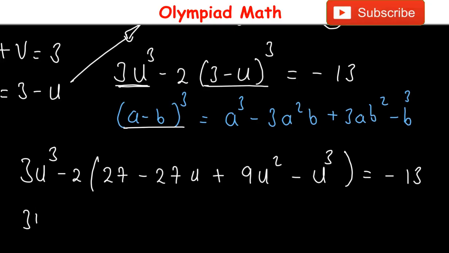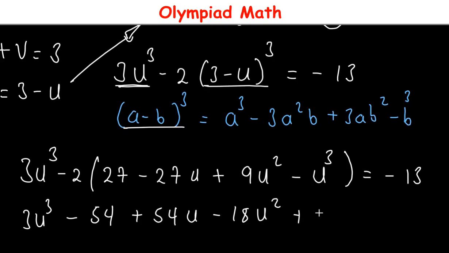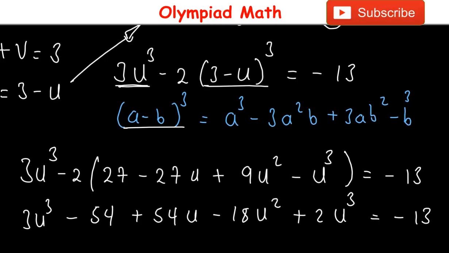So with this, 3u cube minus 2, we open the bracket, minus 54 plus 54u minus 18u squared, then plus 2u raised to power 3 is equal to minus 13.